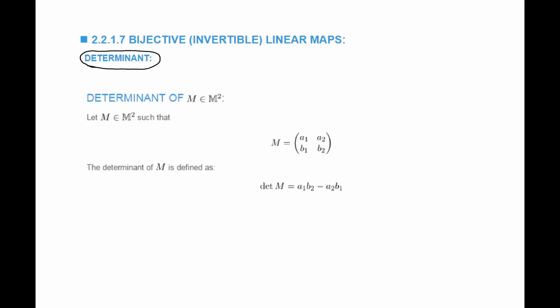So if I have a matrix M in R2, a 2 by 2 matrix, with components A1, A2, B1, B2, the determinant of M is defined as the term A1 B2 minus A2 B1. And you can really easily show that the determinant of M is equal to 0 if and only if (A1, A2) and (B1, B2) are linearly dependent.